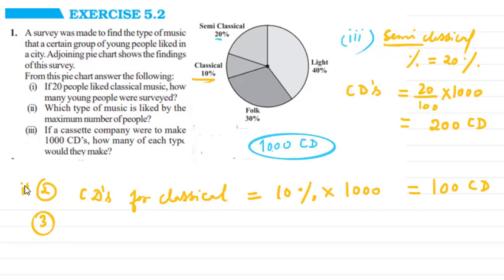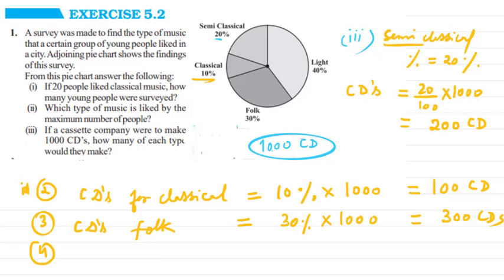Then third we have folk. CDs for folk music: the folk percentage is 30%, so 30% of 1000 gives you 300 CDs. Now in the fourth we have light music.